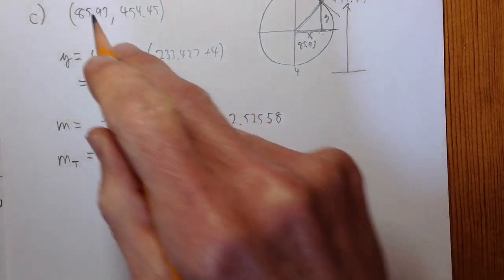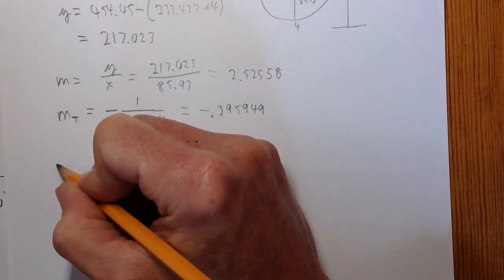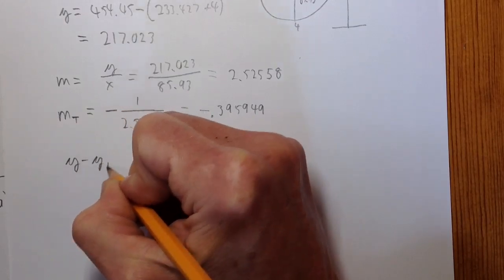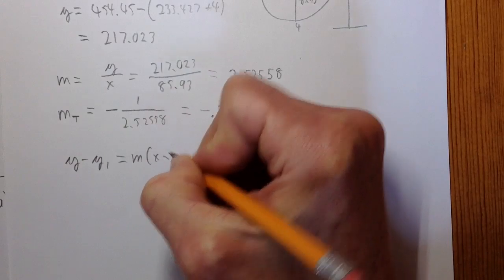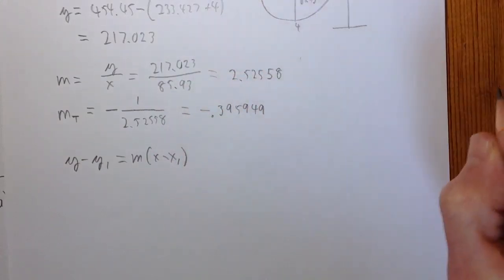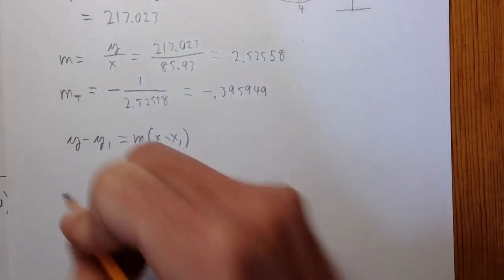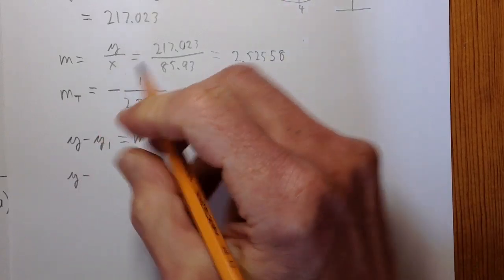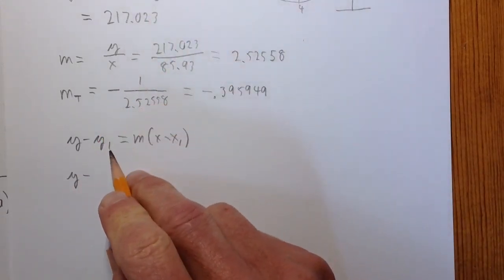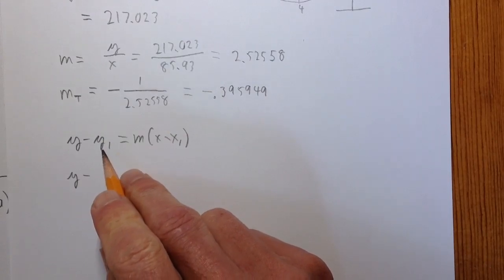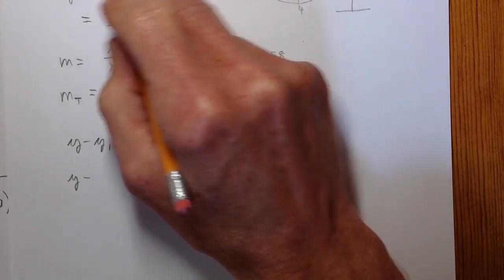Now we have a slope and a point. We can figure out the equation for the line. So finally, we can say y minus y1 equals m times x minus x1. My voice is still working. Okay, there's a lot of decimal places here, but oh well. So y1 is, yep, here's our point.